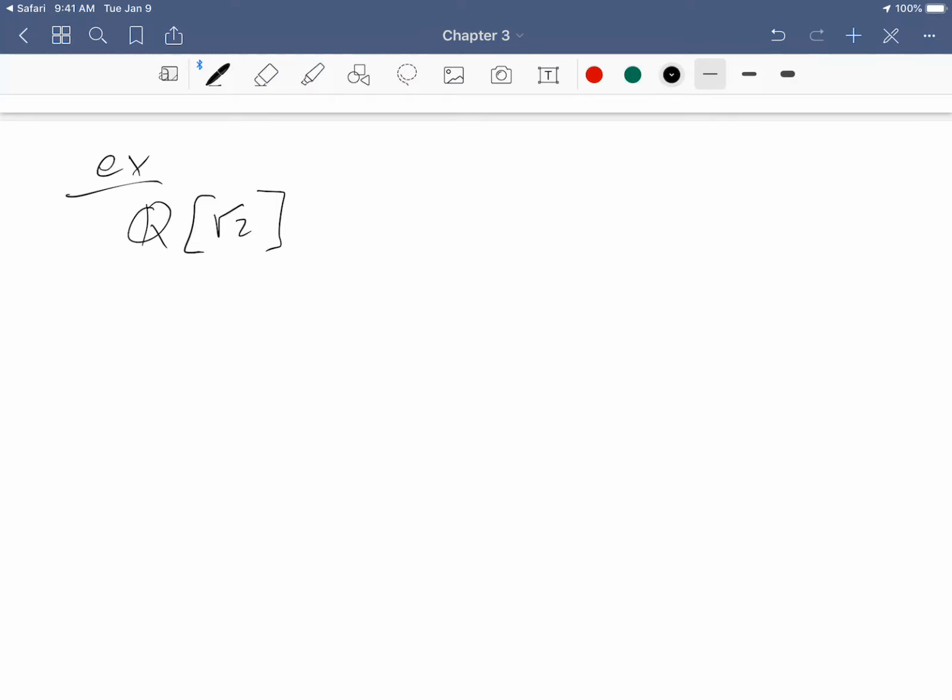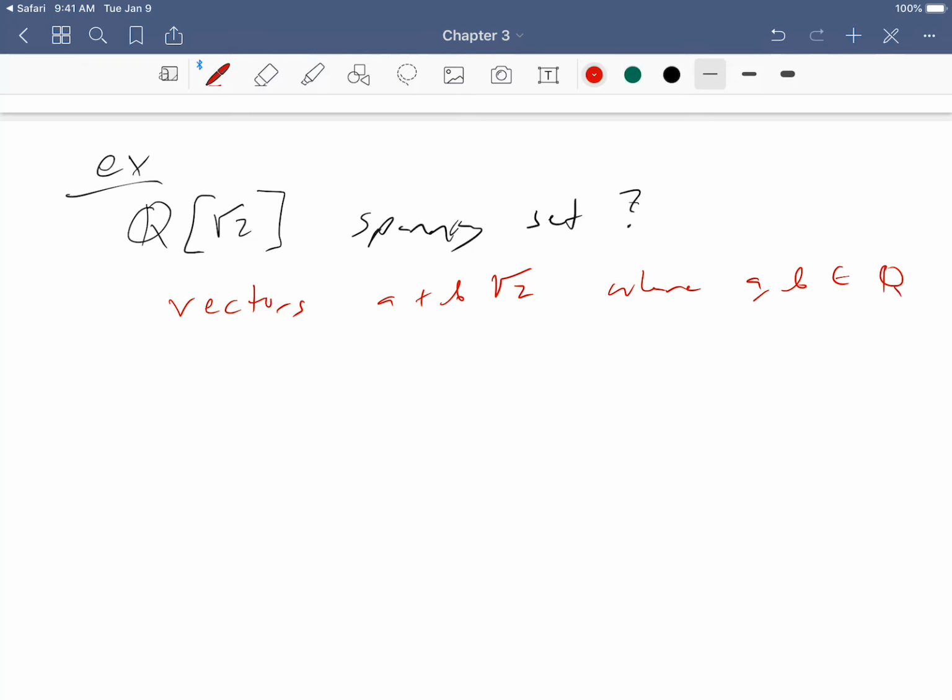All right, so Q adjoin root 2. I want to think about a spanning set for this. Okay, so one thing to remember here is what are our vectors and what are our scalars? So the vectors were things of the form a plus b root 2, where a and b are rational, and our scalars were the rational numbers.